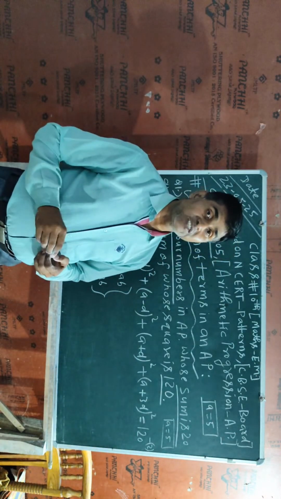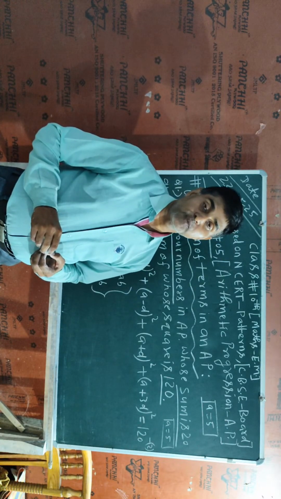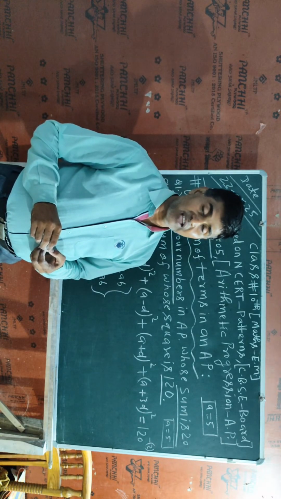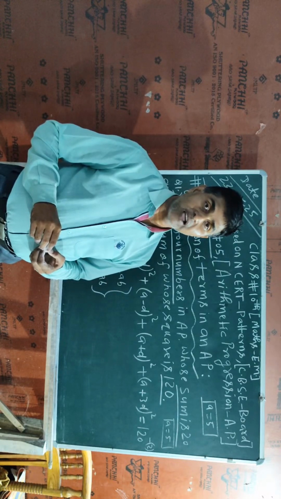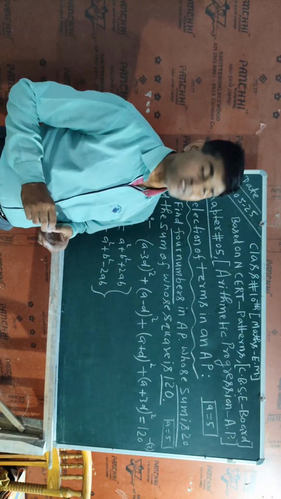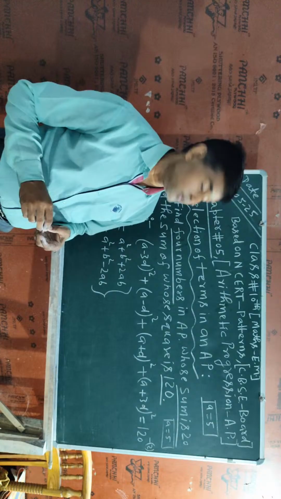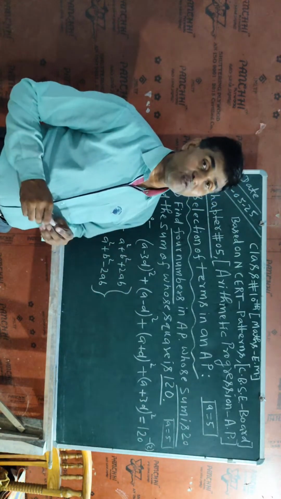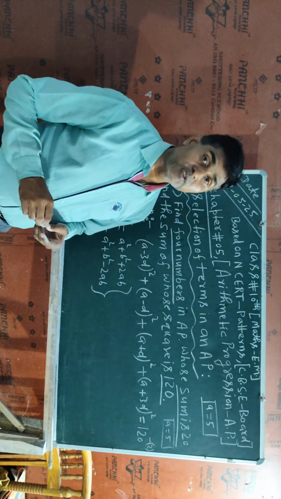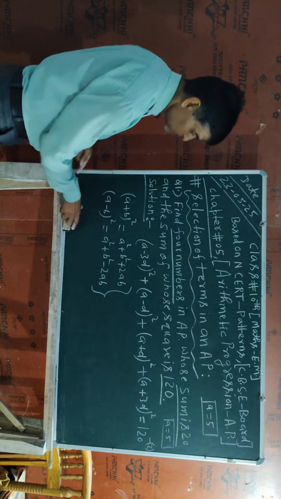In the previous step I supposed 4 terms in arithmetic progression: a minus 3d, a minus d, a plus d, a plus 3d. After substituting a, I will find the finite value of d, and that will give the 4 terms. Okay students, so that concept I will use.